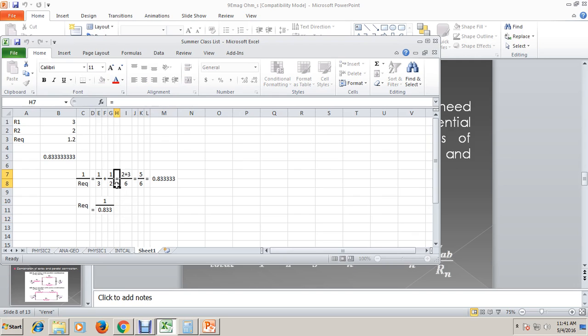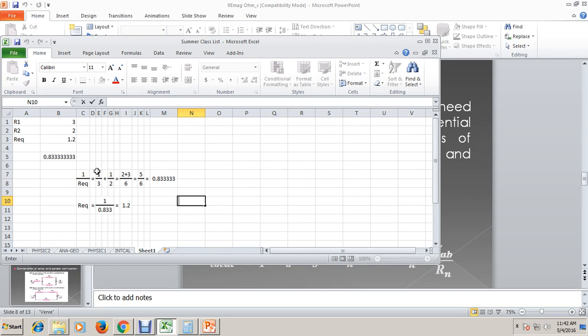So next would be to get R equivalent: you get the division of 1 divided by 0.8333. Doing that, we have 1 divided by 0.833, and finally, what we see here is that we are given a result of 1.2, just like what we see here.